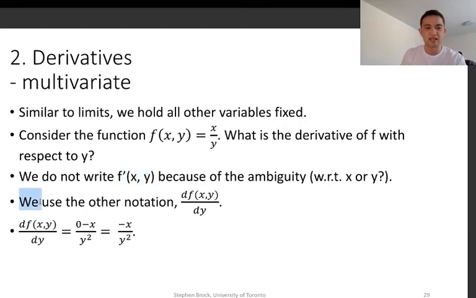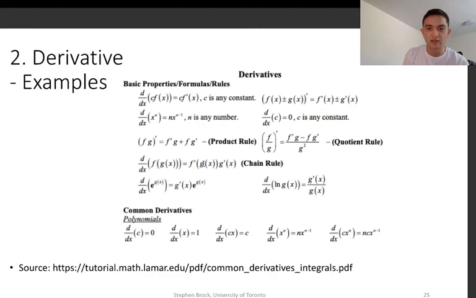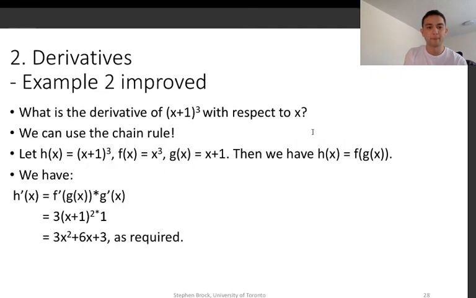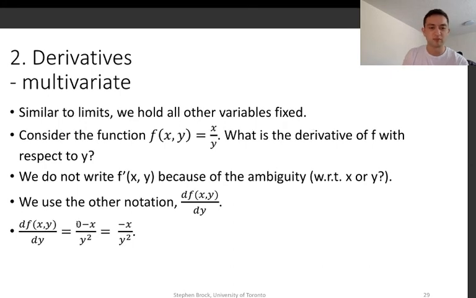So in this case, we have to use the other notation, which is df of x, y divided by dy. So we're taking the derivative of f of x, y with respect to y. And if you use one of the handy-dandy rules on this slide, we can use the quotient rule. Using the quotient rule, we get 0 minus x divided by y squared, which is equal to negative x over y squared.